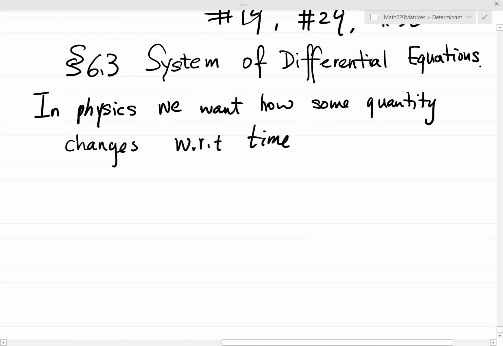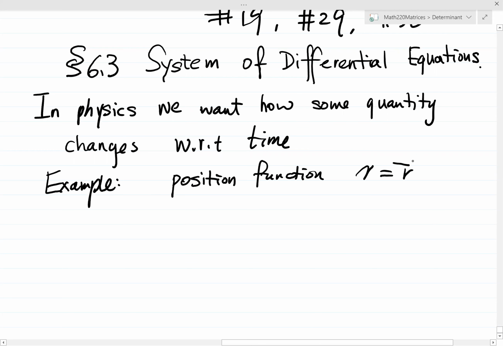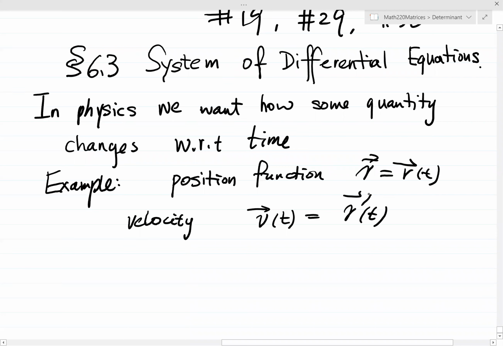So for instance, take the position function of a certain object, r equals r(t). Now, for instance, velocity, how velocity changes, velocity v(t). And we know velocity, the change rate of the position function r(t), is given by velocity.